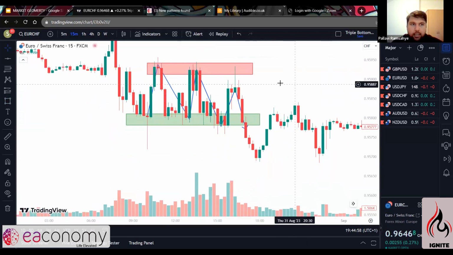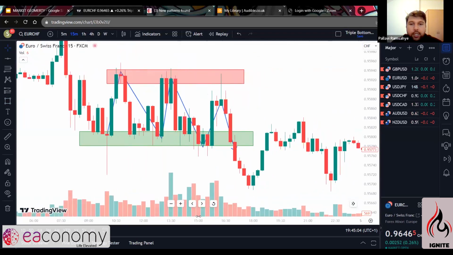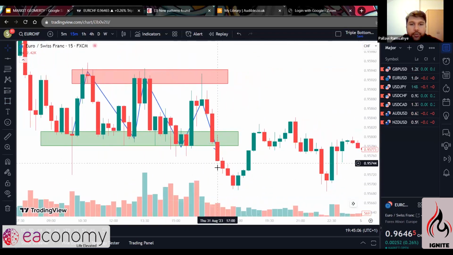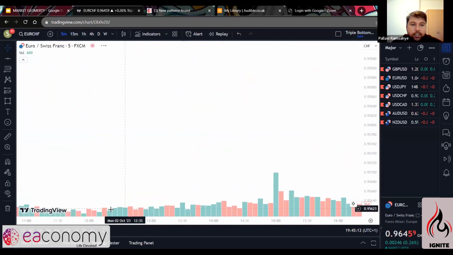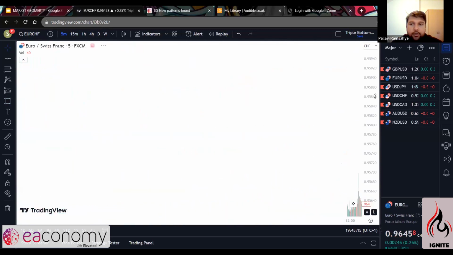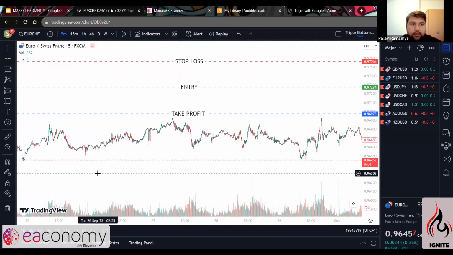And then again, like I mentioned before, with the volume, it's not always going to show. However, when you're looking for that entry, again, we're looking for a lower time frame entry. I might not be able to find that on here.